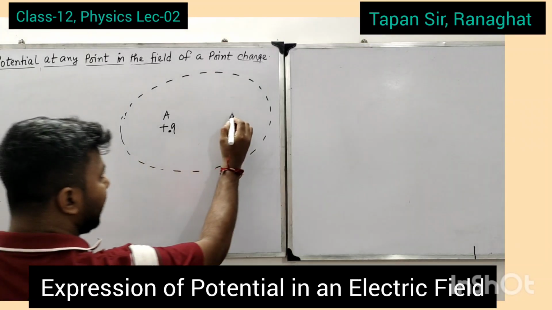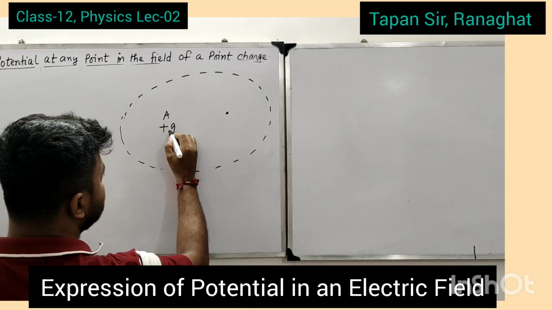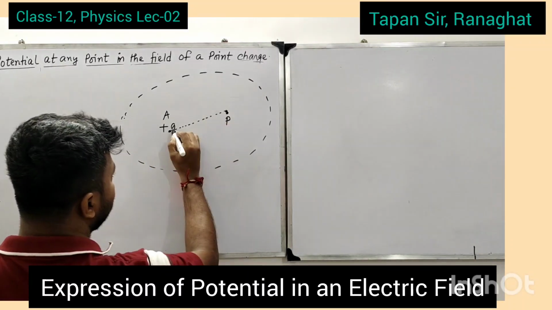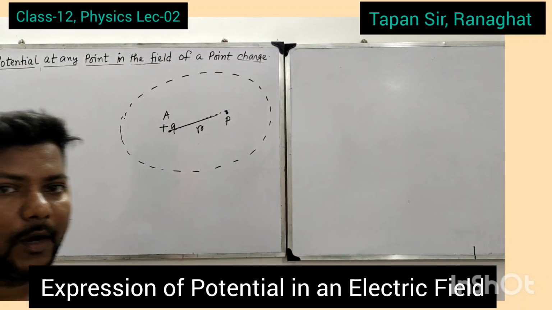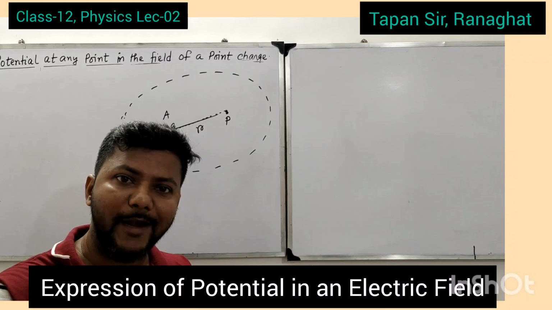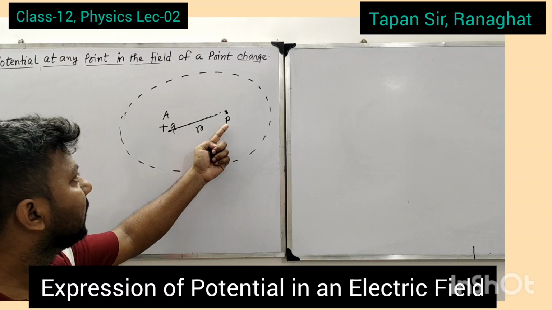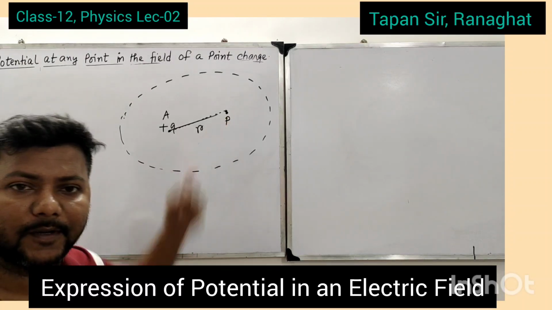Now take a point P, this is point P, and the distance between A and P, suppose small r. Our goal is to find out the potential at point P. यहाँ पर potential फाउंड करना है, ठीक है, यहाँ पर P पॉइंट में.